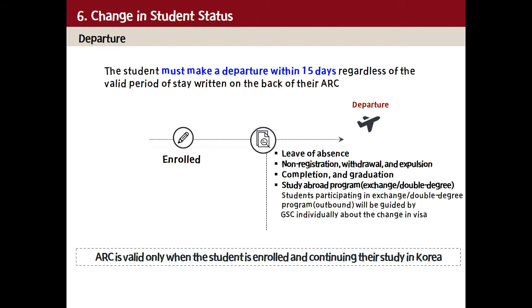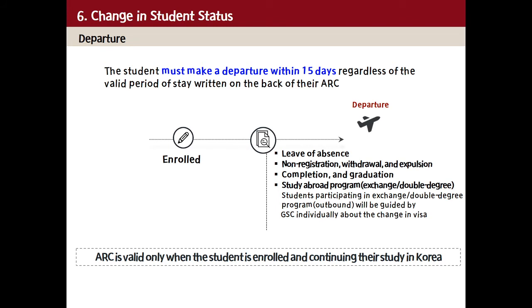Changes in student status include leave of absence, non-registration, withdrawing from the university or being expelled, completing your coursework and graduating from the university, and participating in a study abroad program such as exchange student.